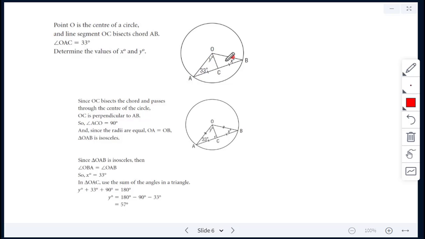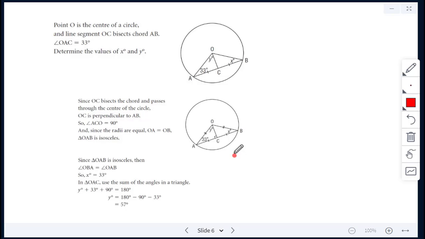We have to figure out X and we have to figure out Y. X is pretty easy to figure out because it is an isosceles triangle, because this is a radius and this is a radius. You can see here they're equal in length. So that makes an isosceles triangle. So if this is 33 degrees, then this will also be 33 degrees.